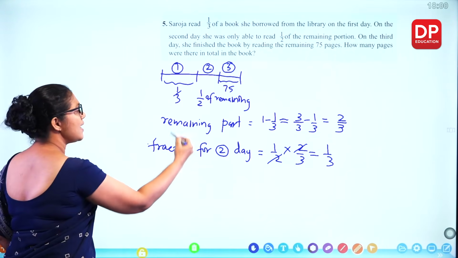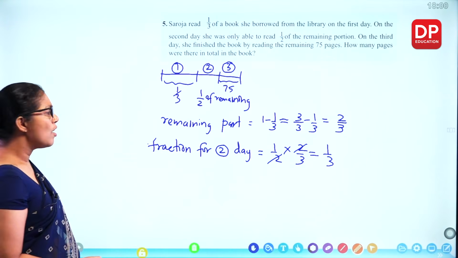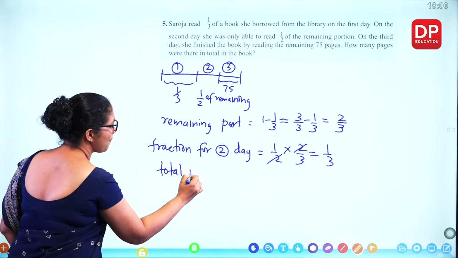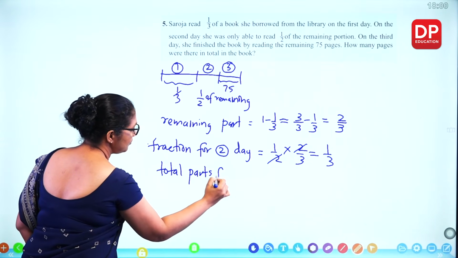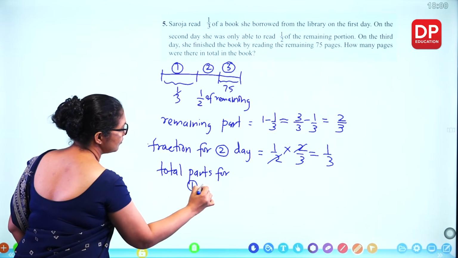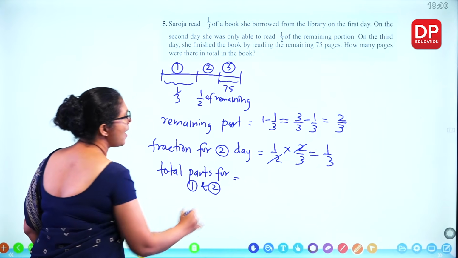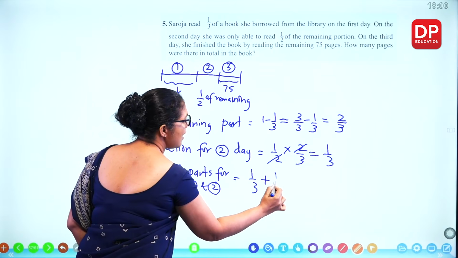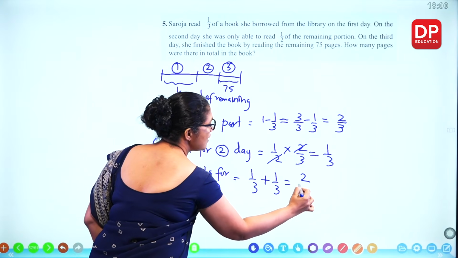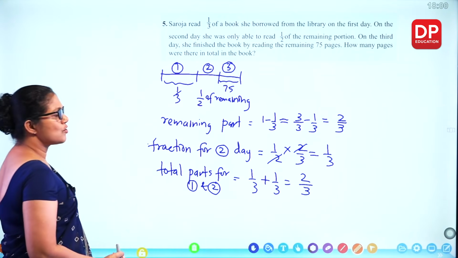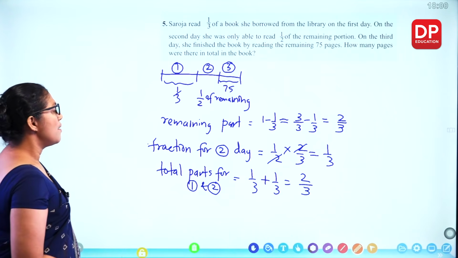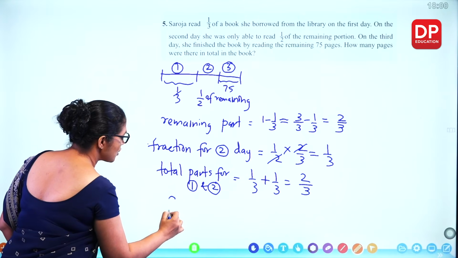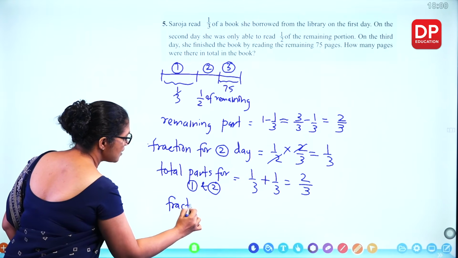Now we can see the total parts for the first and second day. So what's the total part? We know first day 1/3, second day 1/3. Altogether she read 2/3 of the book. Now the remaining part. So what is the fraction for the remaining part?